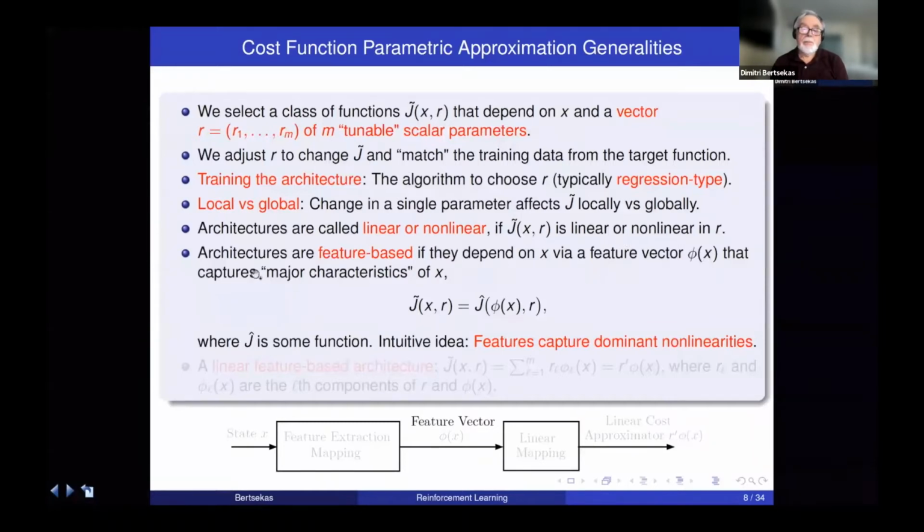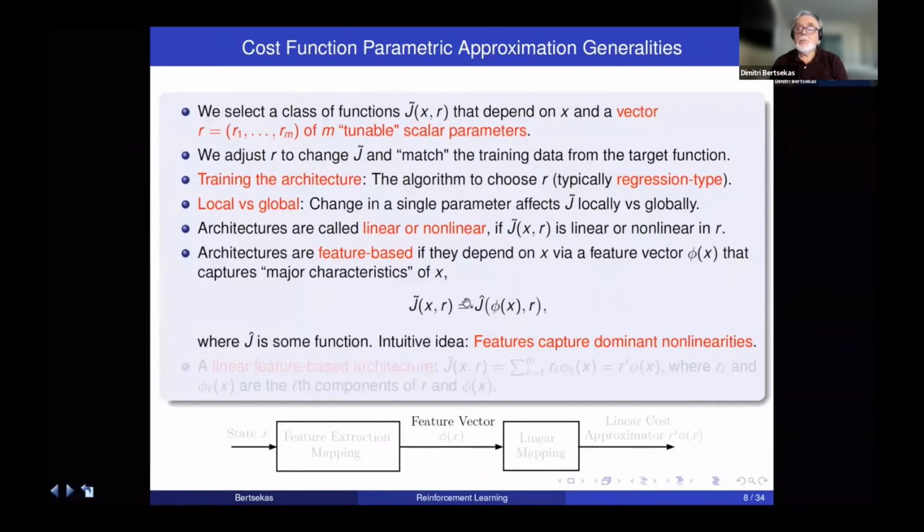Okay, so back to feature-based architecture. It is called feature-based if J tilde depends on x through the feature vector. So this is general and nonlinear, but this is very specific. It uses, in place of x, its feature vector, and j hat is some function. The intuitive idea here is that this may be horribly complicated.